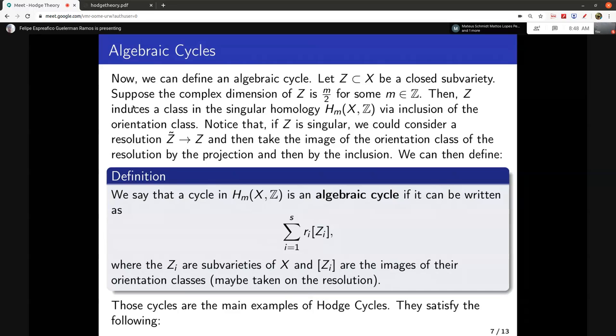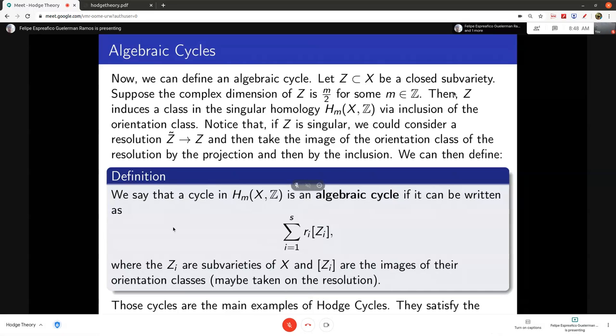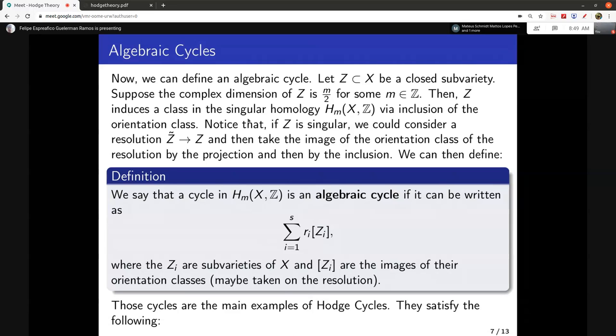And then, of course, if Z is smooth, we could consider its orientation class, and then it would induce a class in the singular homology just by inclusion, because Z is inside X. But if Z is singular, we can't do it this way, so we have to consider a resolution.